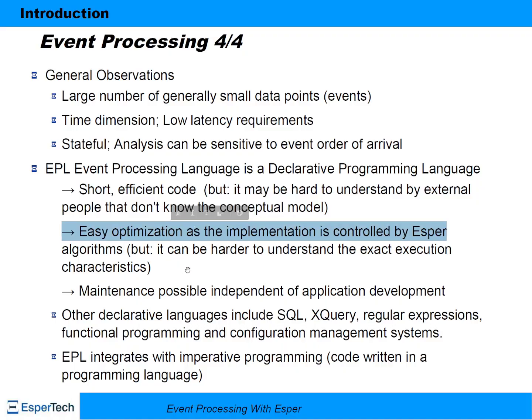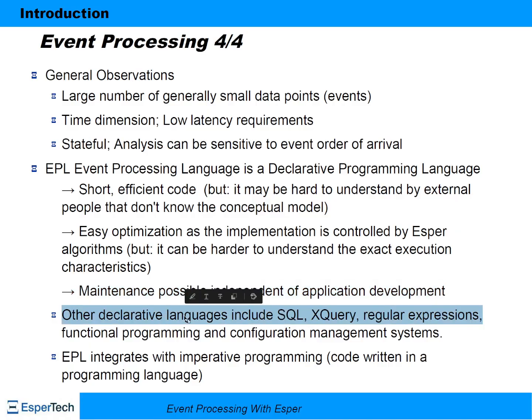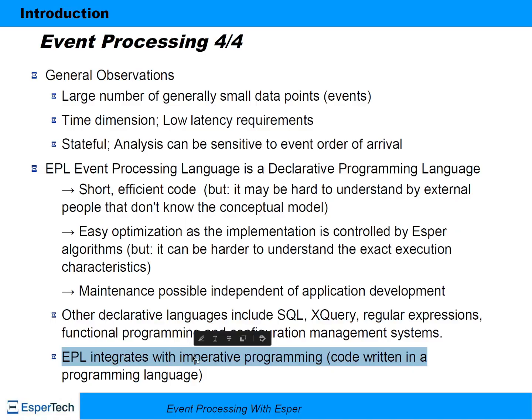But, it can be harder to understand the exact execution characteristics. EPL makes maintenance possible independent of application development. Other declarative languages include SQL, query, regular expressions, functional programming and configuration management systems. EPL integrates with imperative programming, code written in a programming language.